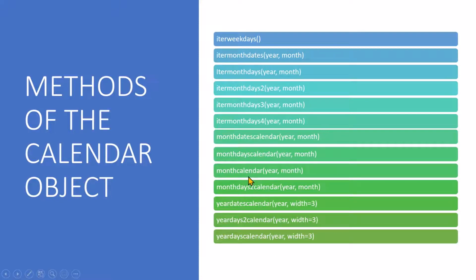We have monthcalendar. Now, if I try to use this on the calendar object, cal.monthcalendar, passing in the year and the month, you see I get an error.